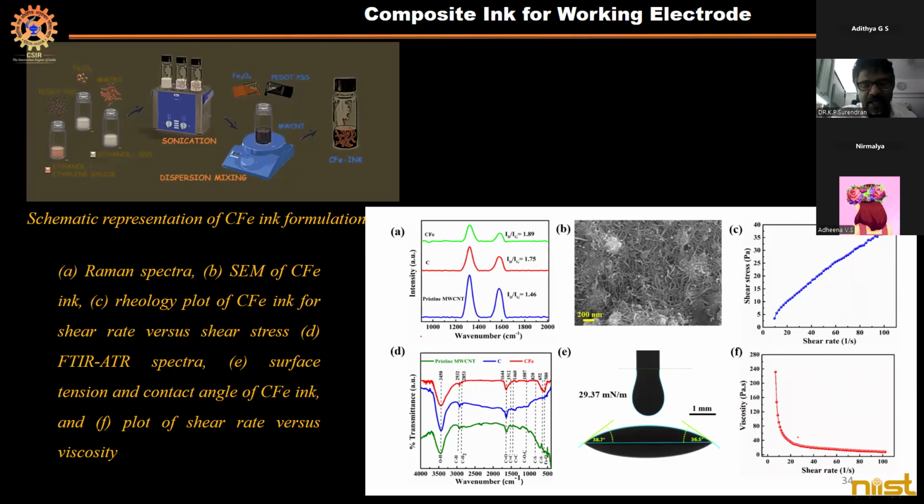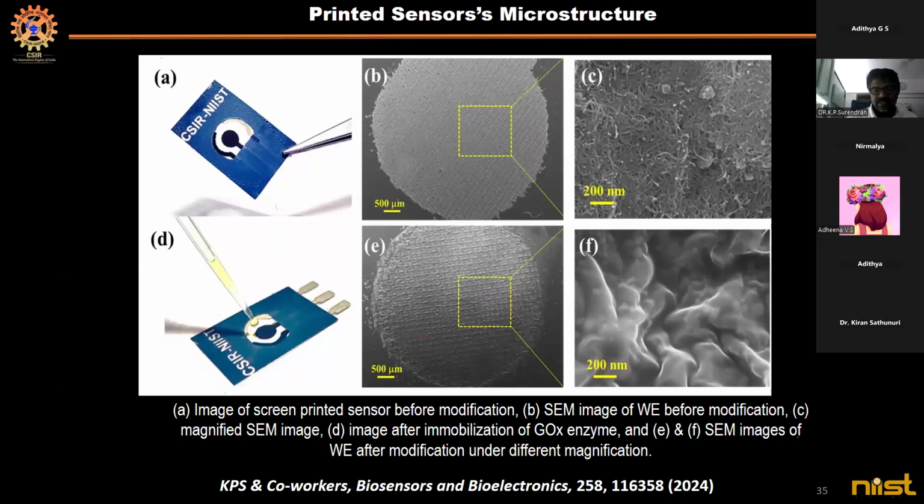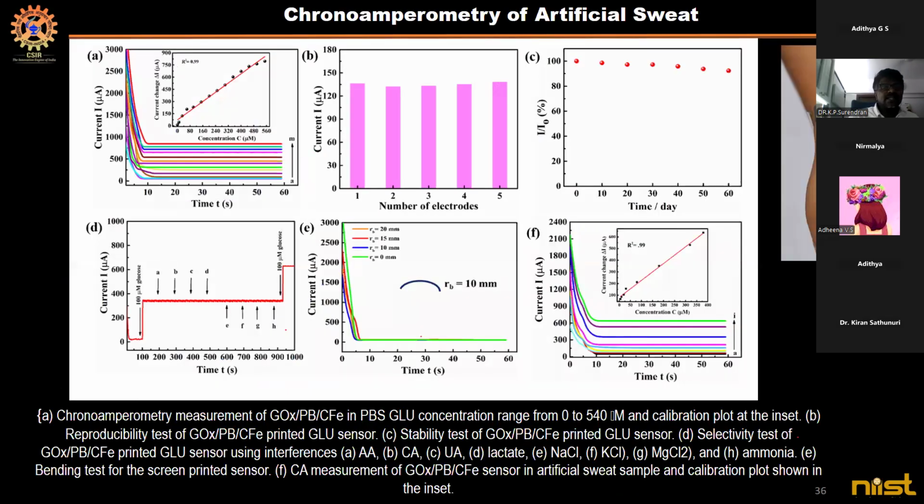We have done that, and initially we worked with artificial sweat. You can see this is the kind of sweat sensor that we have made. This is a photograph, and the other is the scanning electron micrograph. For simple understanding, see this figure D. In this figure, when glucose is added, it shows an increase in current.